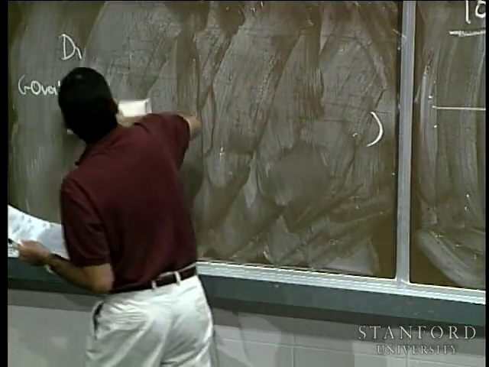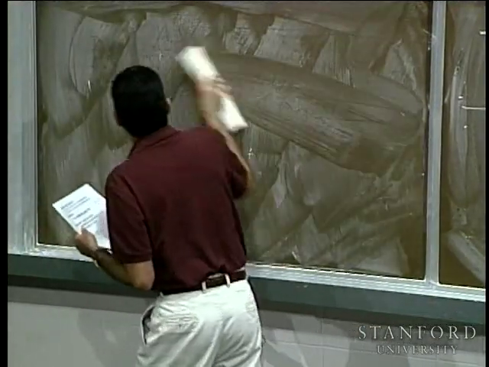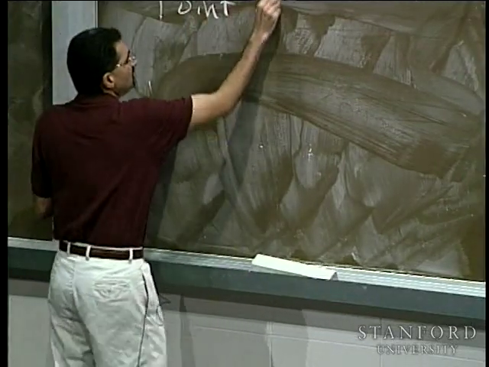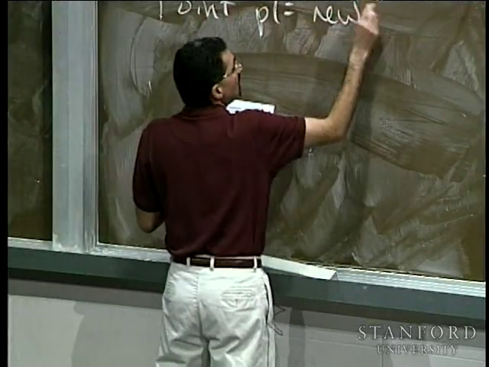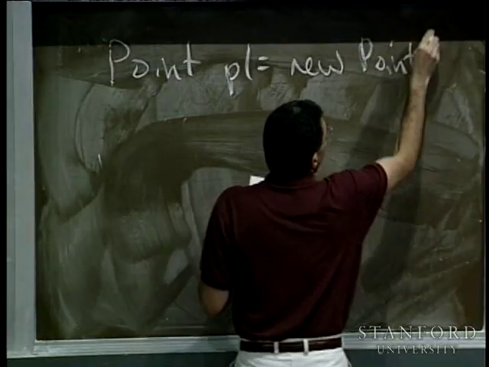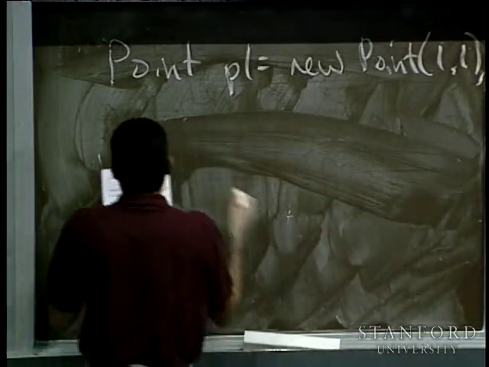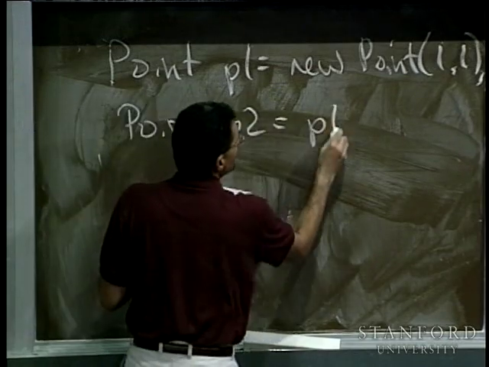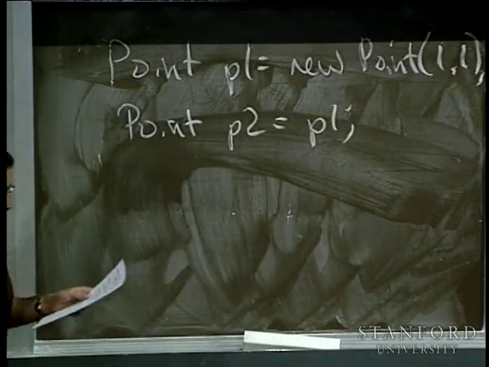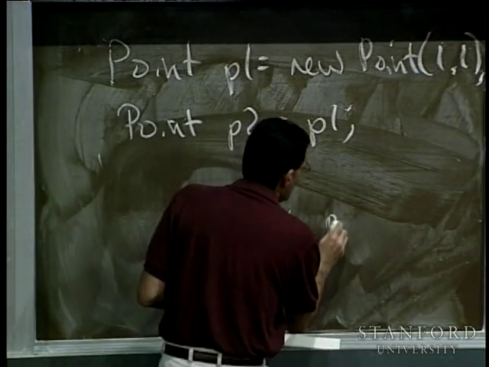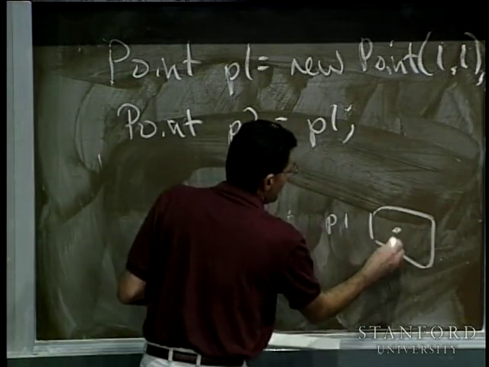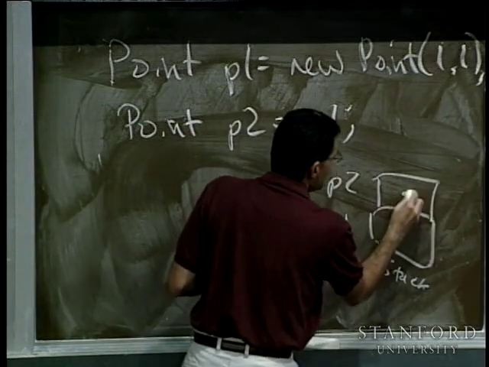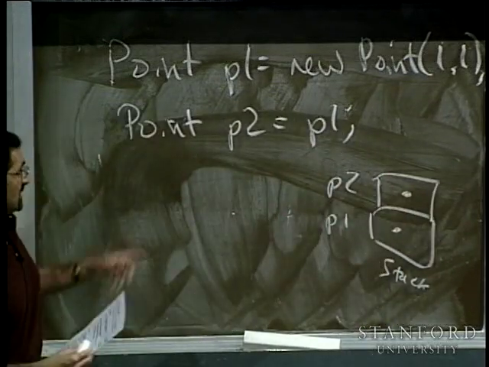So I just want to show you one thing very quickly. If we have Point P1 equals new Point(1, 1), and then some Point P2 that equals P1, what's really going on in the computer's memory is that P1 is just some address on the stack, and P2 is also just an address because it's an object.